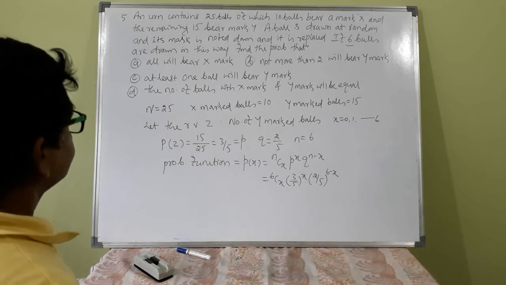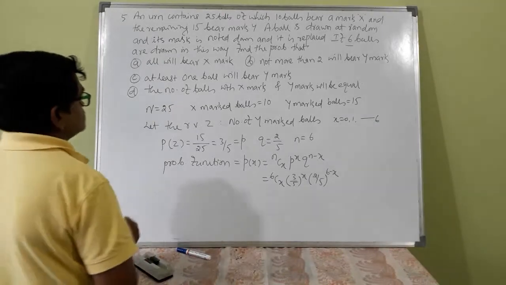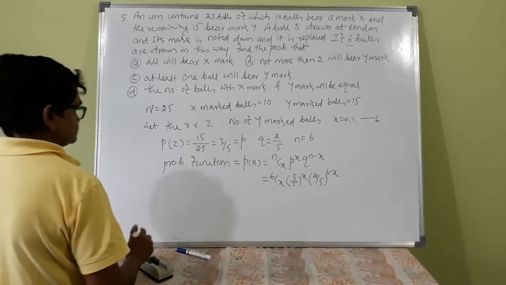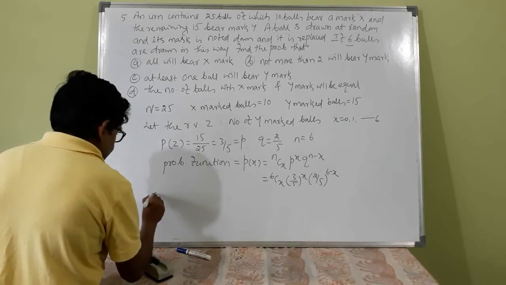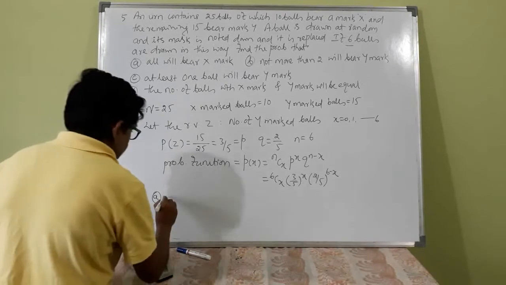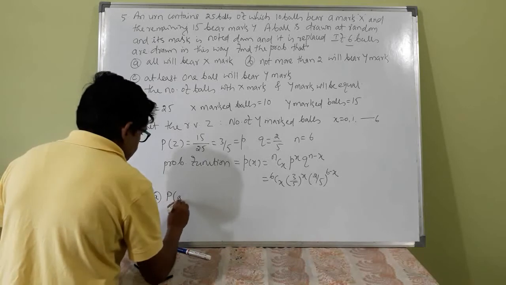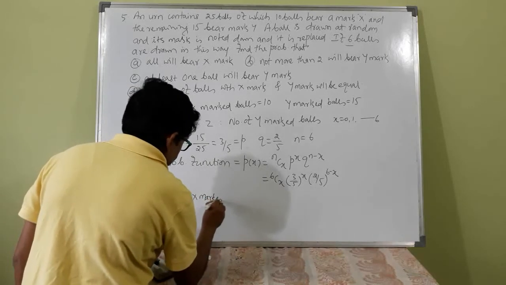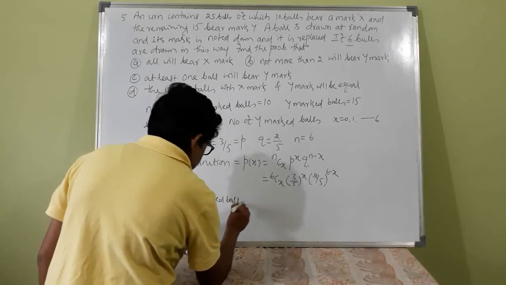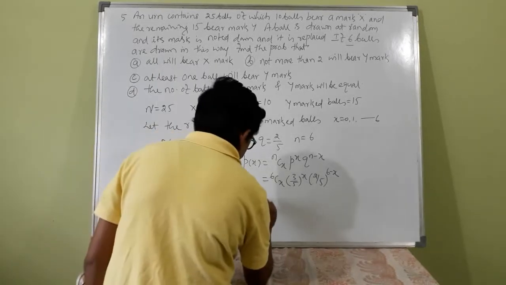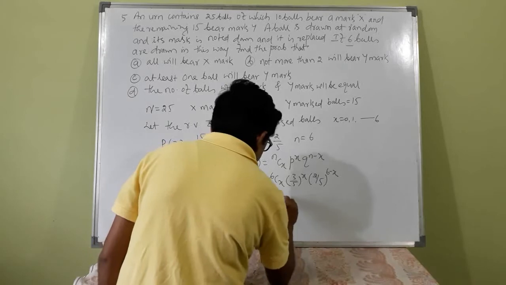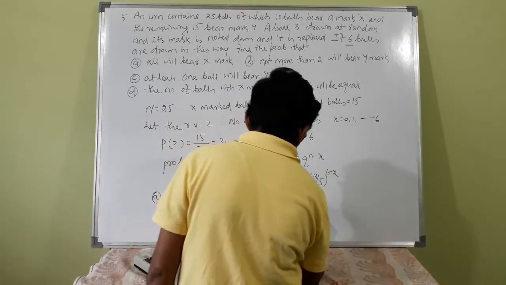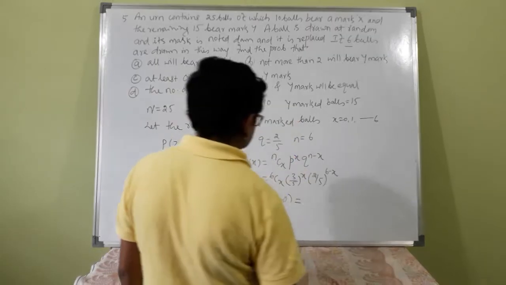Okay, now let us write one by one. All will bear X marks means probability of all X marked balls means probability of Z equal to 0, or this is P of 0.